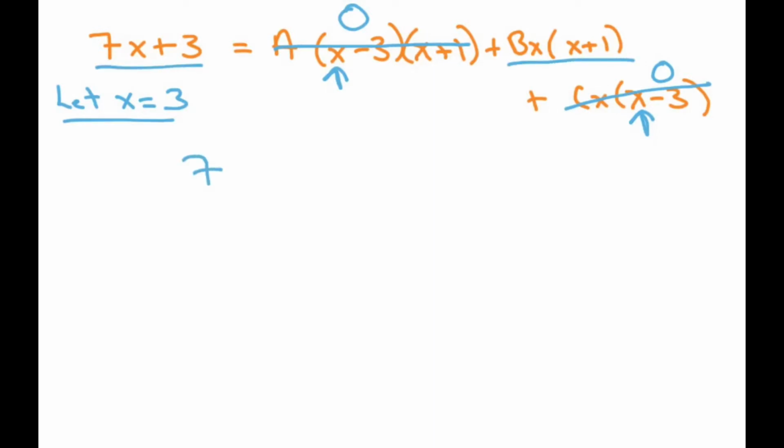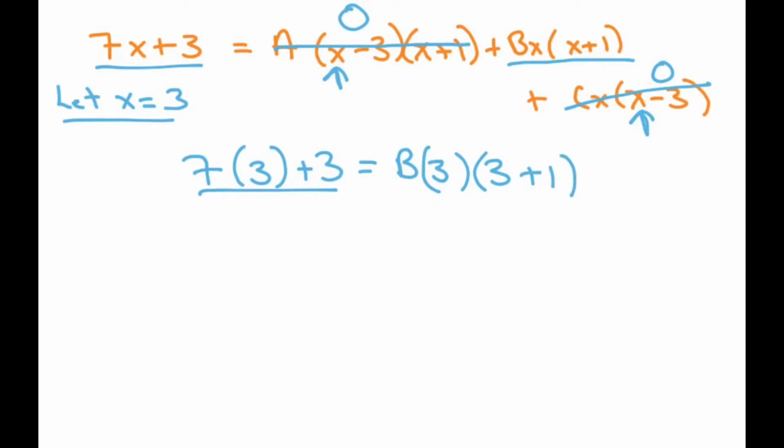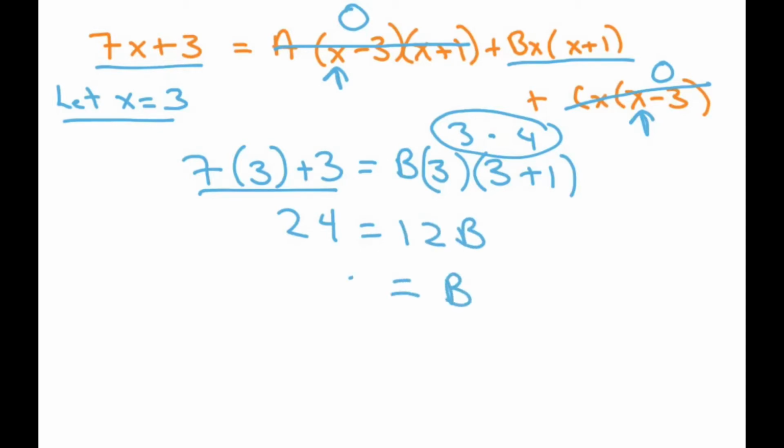So 7 times 3 plus 3 equals B times 3 times 3 plus 1. So this is going to be 21 plus 3 is 24. This is 3 times 4 here, which is 12. So my B equals 2.